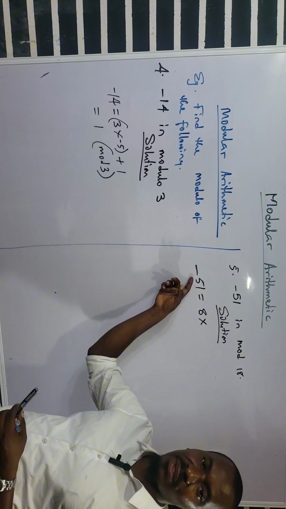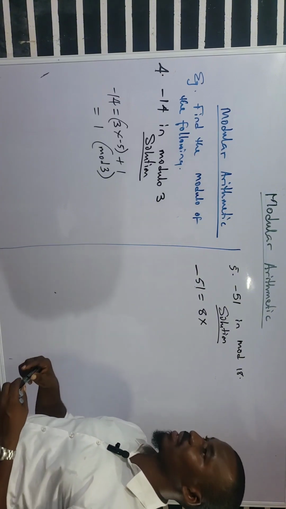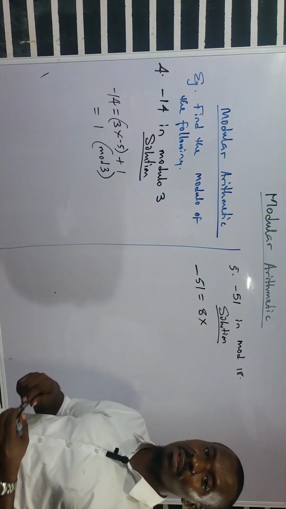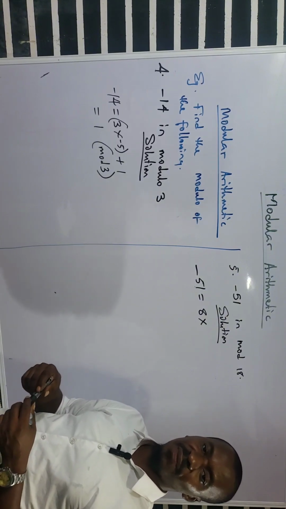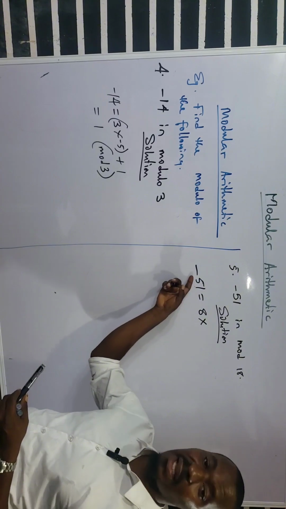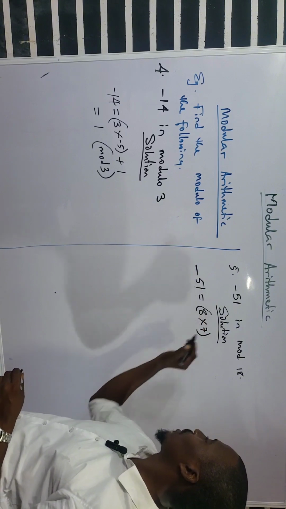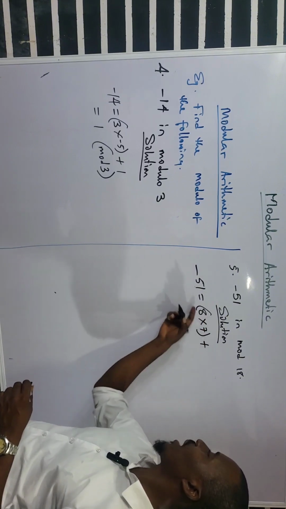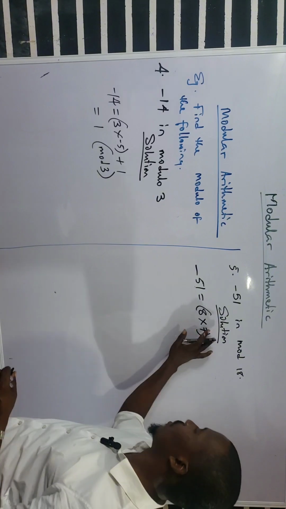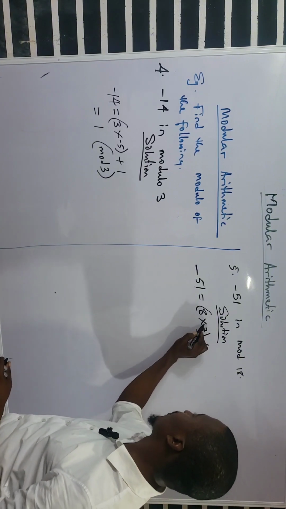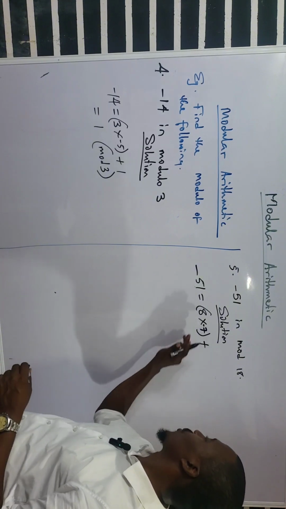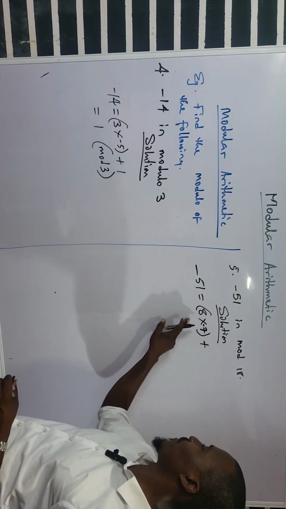It is not less than minus 51. 8 times 7 will give us minus 54, which is less than minus 51. Oh, that should be minus 7. So 8 times minus 7 will give us minus 54.